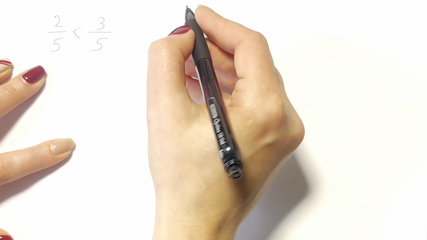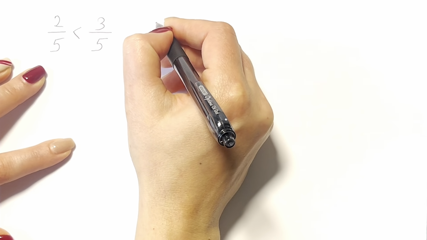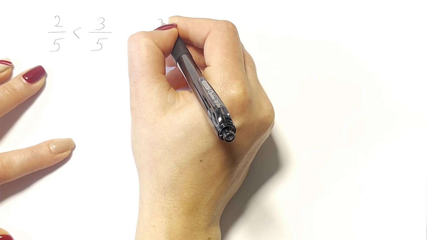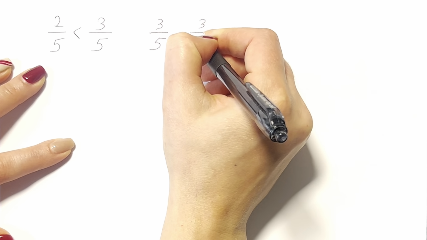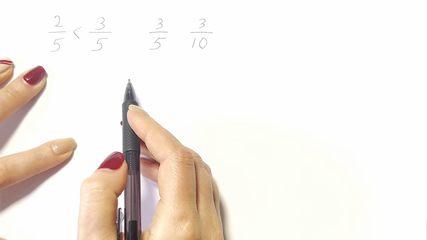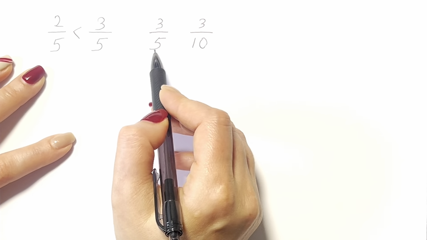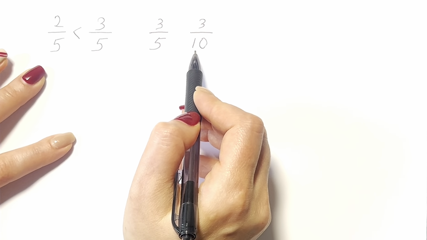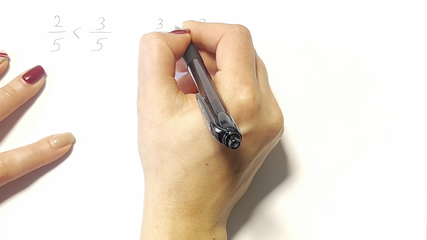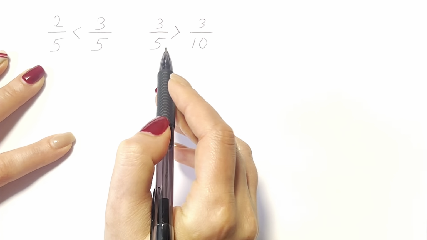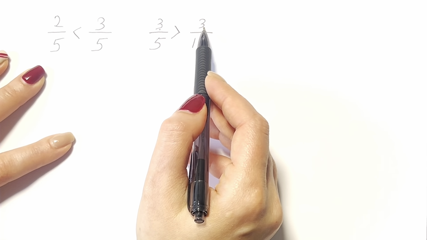What if my denominator is different, but the numerator is the same? I have 3 over 5 and I have 3 over 10. In this situation, when the numerator is the same and the denominator is different, the fraction with the smaller denominator is bigger. How? Look, I'm gonna eat 3 pieces. In this situation, I'm gonna eat 3 pieces.